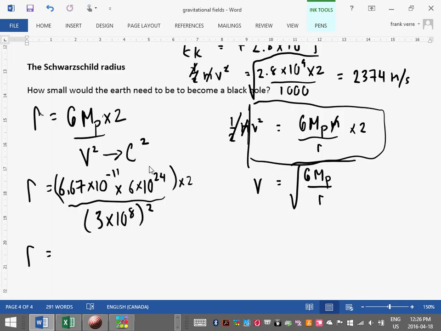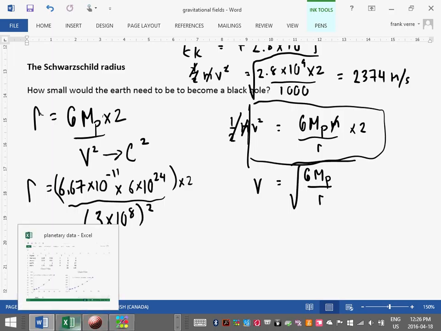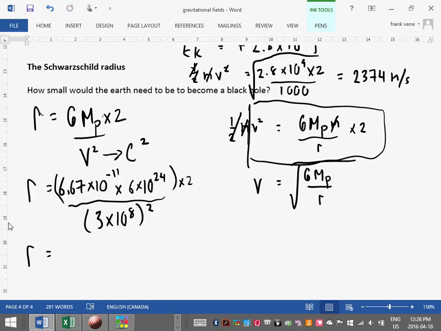So what's the radius of the Earth? Sorry, say it again. 0.009? Okay, so yeah, 0.009. Now this is in meters, right? Wow.